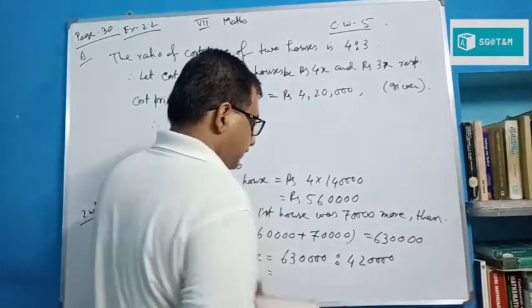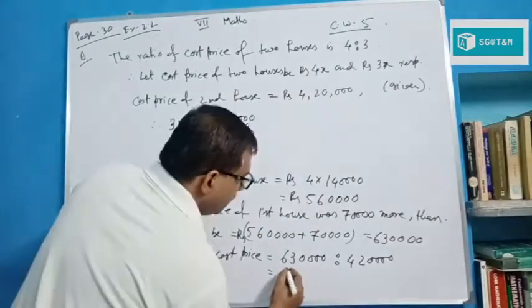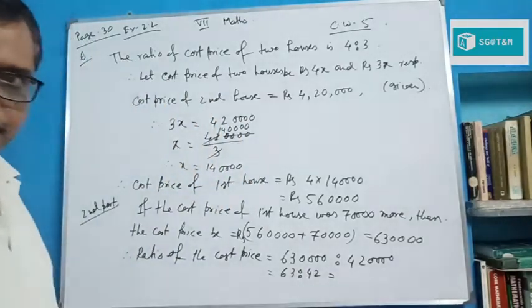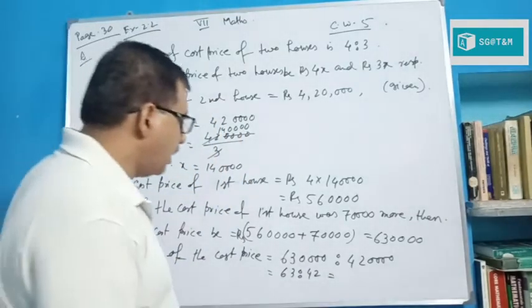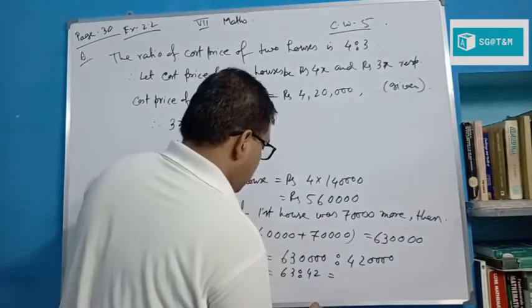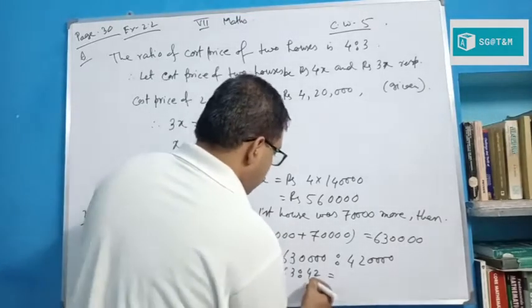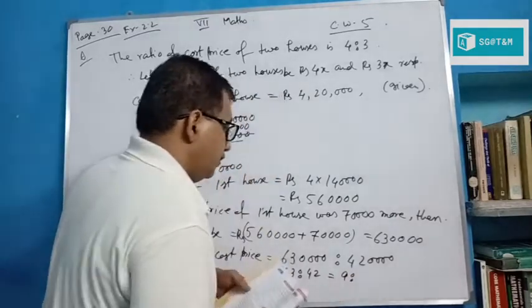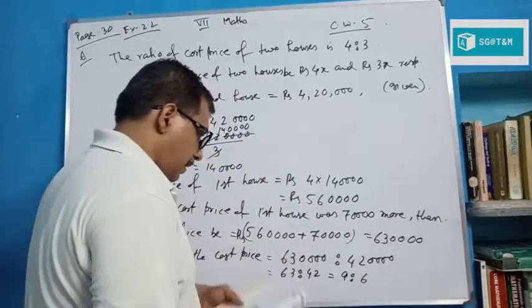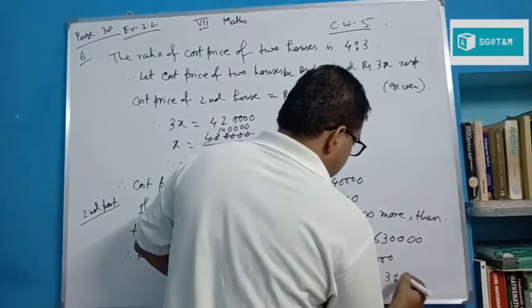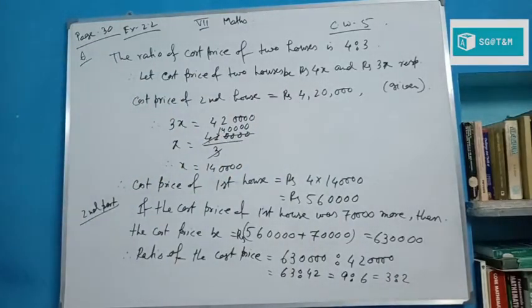First dividing by 10,000, we get 63 is to 42. This again we write in simplified form, dividing by 7, that is 9 is to 6. Again dividing by 3, then we get 3 is to 2. That is 3 is to 2.